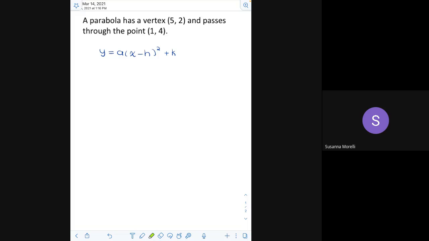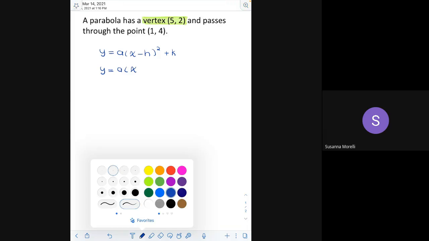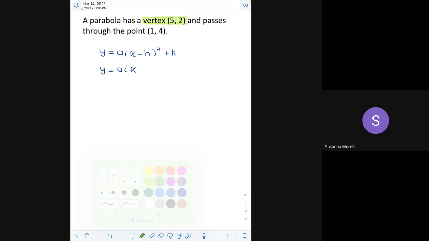Here we have that the vertex is (5, 2). We're going to use that piece of information first and plug it in for h and k. So y is equal to a, open bracket x, and then we plug in the x value of the vertex.